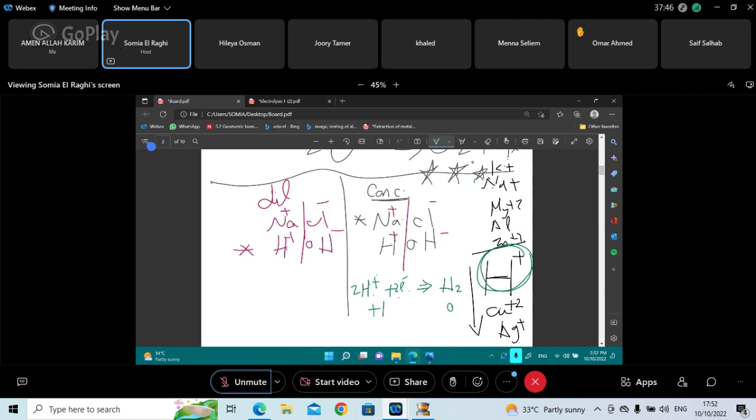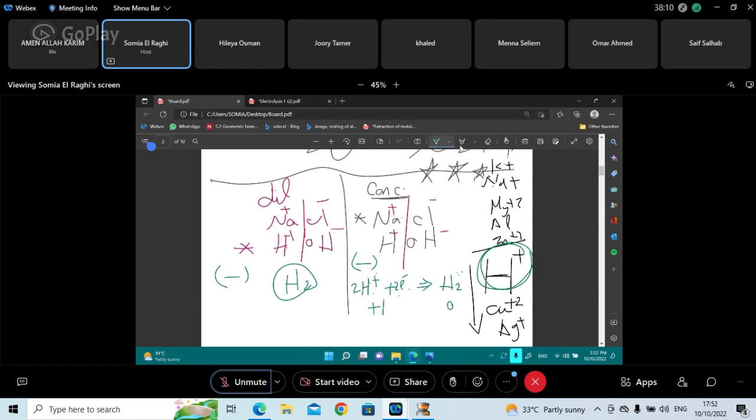Testing of hydrogen: a lighted splint burns with a pop sound. We will see all these questions when we practice questions from our past paper. So at the cathode, in both cases, we get hydrogen bubbles. It is a colorless gas, has no color, if they ask for an observation. All right?